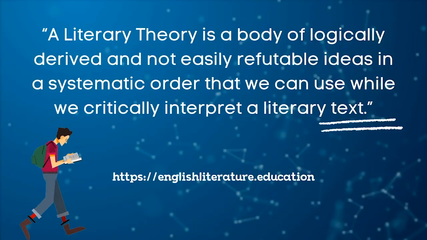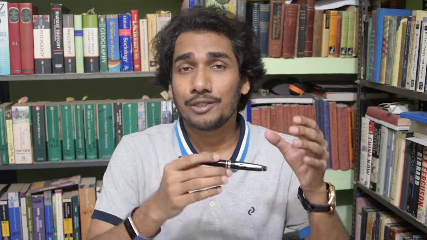So, what is the definition of literary theory? I have created a very short definition. In my words, I would say that a literary theory is a body of logically derived and not easily refutable ideas in a systematic order that we can use while we critically analyze or interpret a literary text.